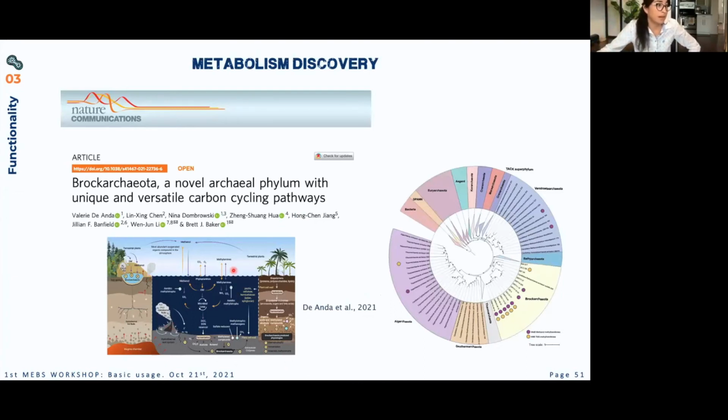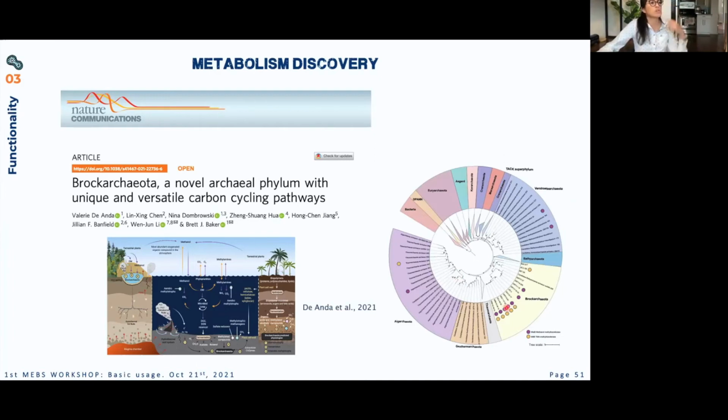The methylated compounds are very abundant in the atmosphere, in the oceans, but in archaea, until now, we thought that only methanogenic archaea were able to use methylated compounds. Nothing outside the methanogenic world was described to use methylated compounds. But we knew that they were not methanogenic, also because they didn't have any of the genes, nothing related to methanogenesis. And so that was very important.